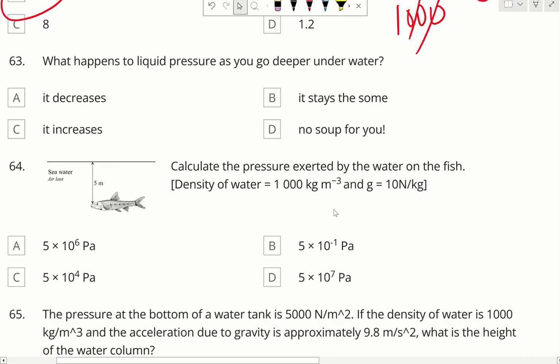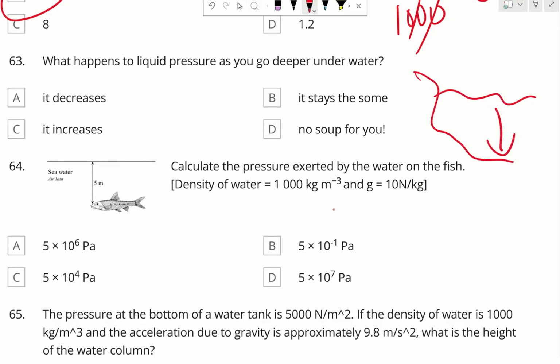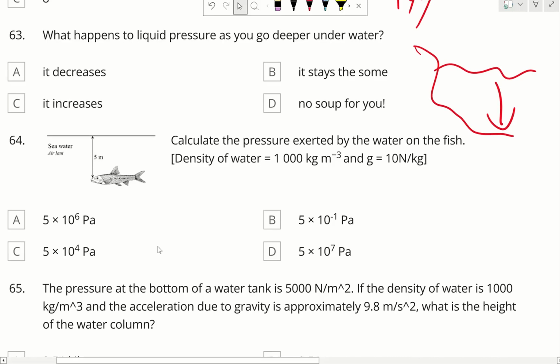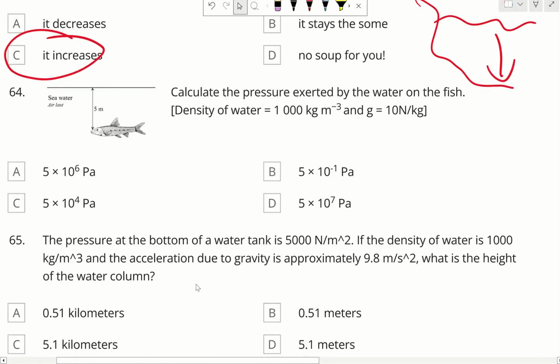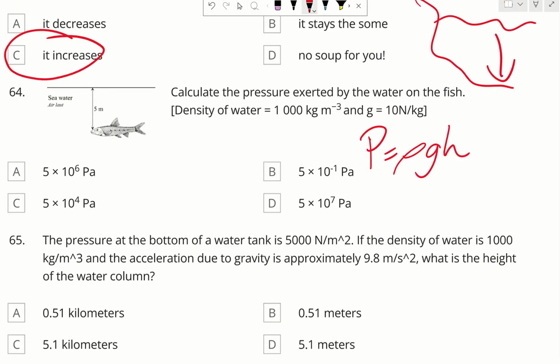What happens to liquid pressure as you go deeper underwater? If I go deep into the water, the pressure increases. Calculate the pressure exerted by the water on the fish. So liquid pressure equals density times gravity times height. Instead of this, I'll use a D. So my density of water is 1,000.